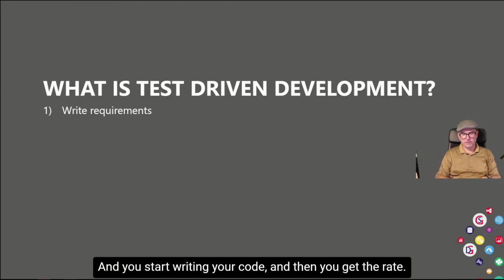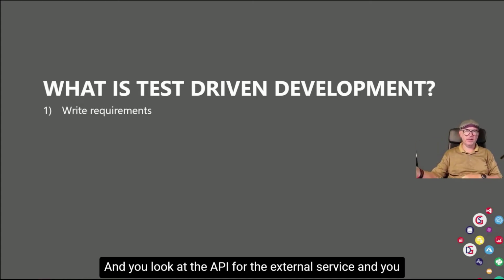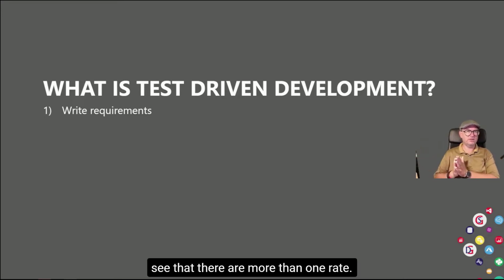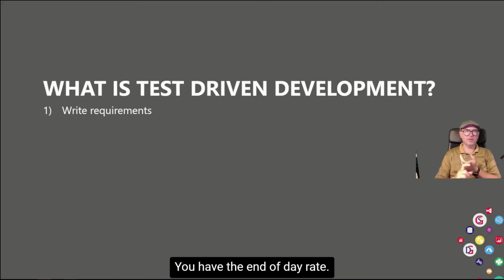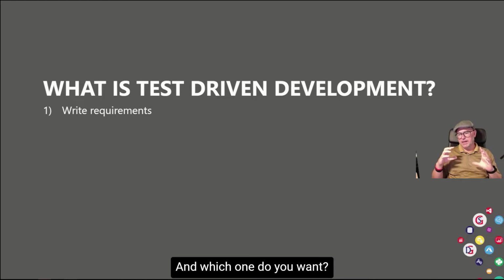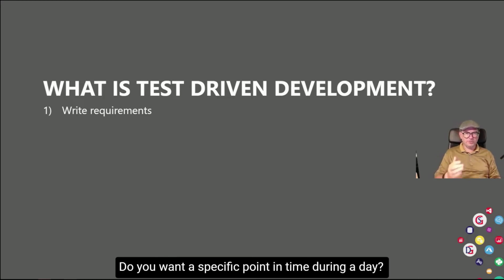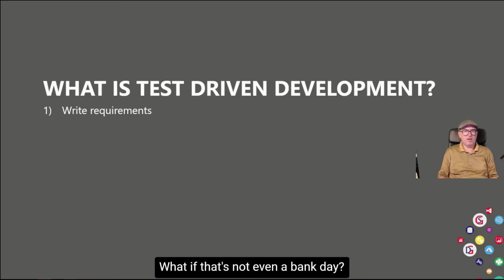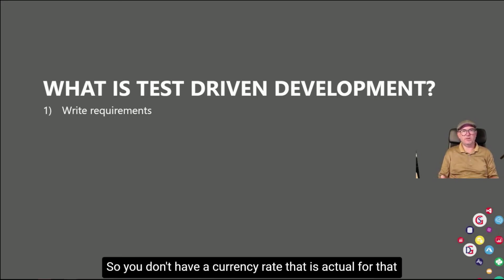And you start writing your code, and then you get the rate, and you look at the API for the external service, and you see that there is more than one rate. You have the end of day rate, you have the average rate, and which one do you want? Do you want a specific point in time during a day? What if that's not even a bank day, so you don't have a currency rate that is actual for that time?